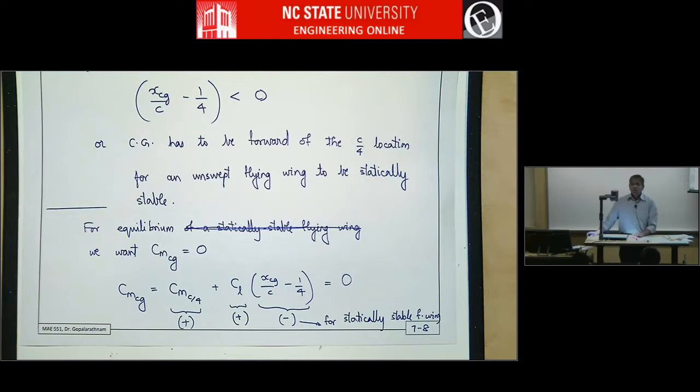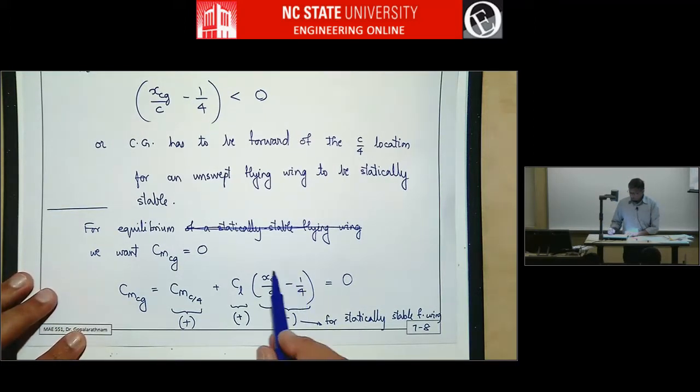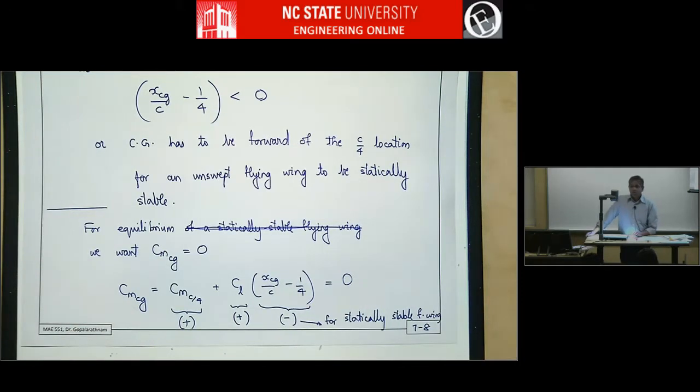So if for some reason you design an aircraft that's not statically stable, then you could make this positive. You could put the CG behind the quarter chord. You can have this whole product positive, and you can put a negative CMc/4. You can still achieve 0.